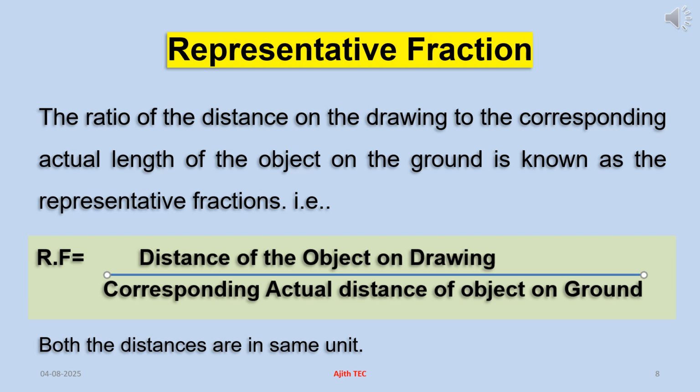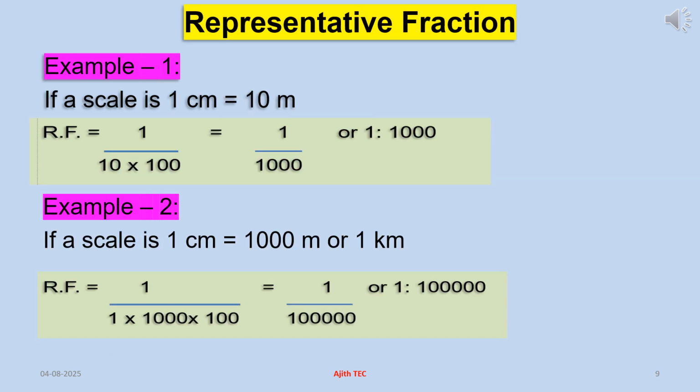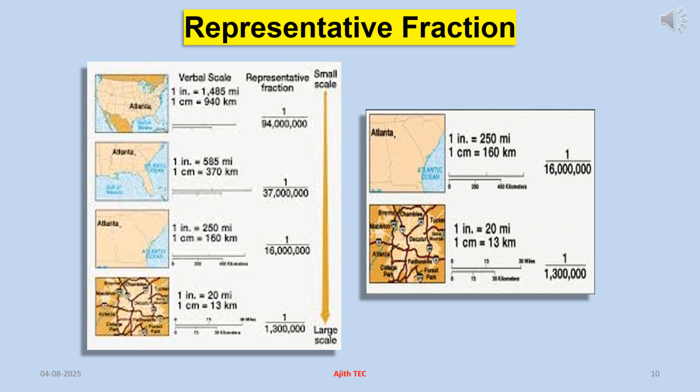It's a unitless ratio, meaning it doesn't specify any particular units of measurement. It shows the calculation method of representative fraction of a plan or map for better understanding. Two examples show the calculation method step by step for better understanding of RF. This slide shows representative fraction changing from small scale to large scale according to the graphical method.